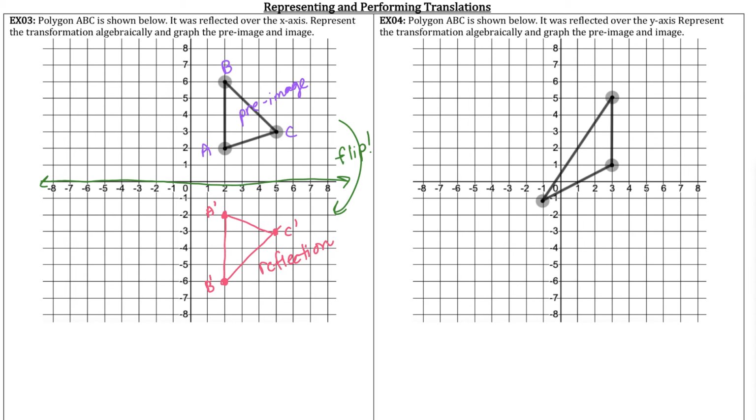Now let's see if we can do this correctly. X and Y, X and Y. And then it's going to flip over the x-axis right here. So if it flips over the x-axis, is the rule x, negative y, or negative x, y? Well, let's just look at the other page, because we're going to have these memorized anyways.